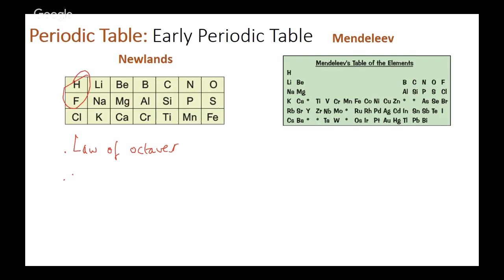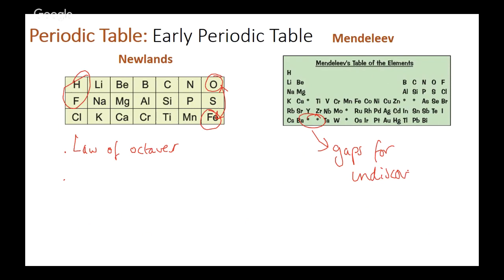Unfortunately, there are problems with his periodic table in that you ended up with elements with totally different properties being grouped together in these groups. For example, you've got oxygen and iron here, a metal and a non-metal, totally different properties, grouped together. The other table over here is Mendeleev's table. Now his was a bit more advanced because he left gaps for undiscovered elements.